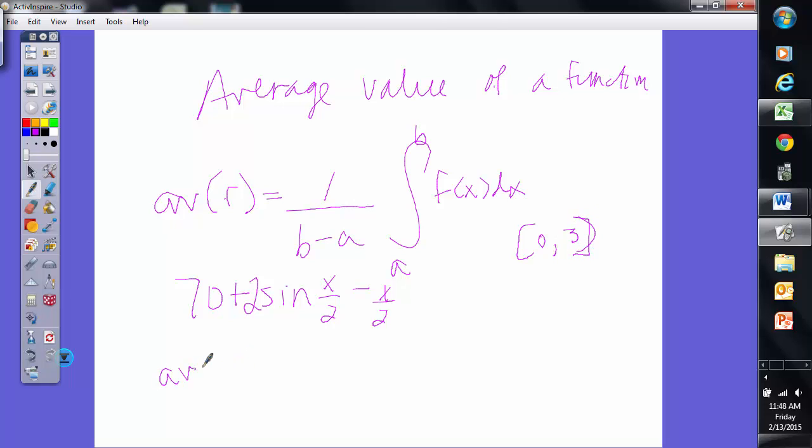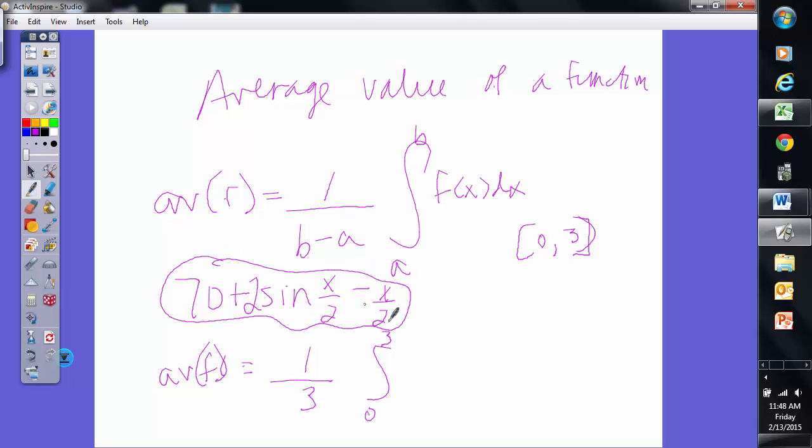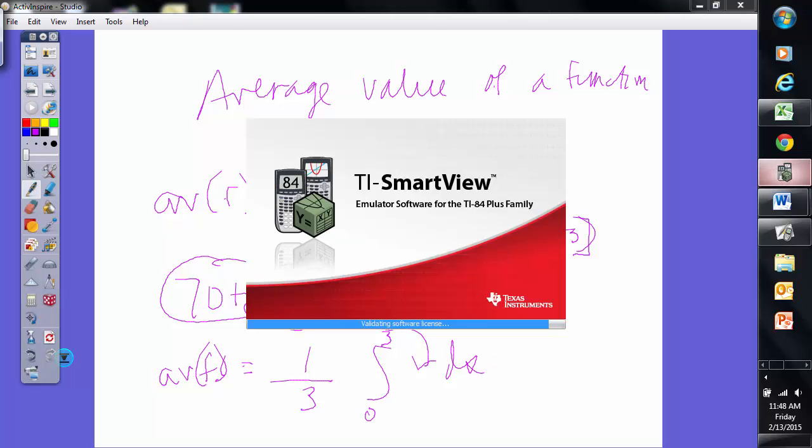So the average value of the function is 1 over 3 minus 0, which is 1 over 3, times the integral from 0 to 3 of this function right here times dx. Now again, we're going to use the calculator because it's awesome. Here's what it looks like.